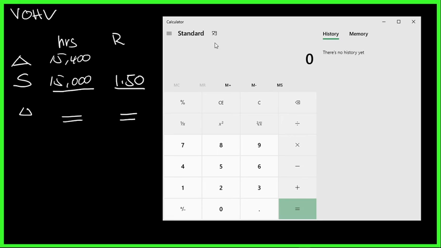So we can now compute for your actual rate kung given yan, di ba? How much is the actual cost? The actual cost is 22,800. Ne? Pahiya na naman ako. 22,800. We divide that by 15,400 actual hours.